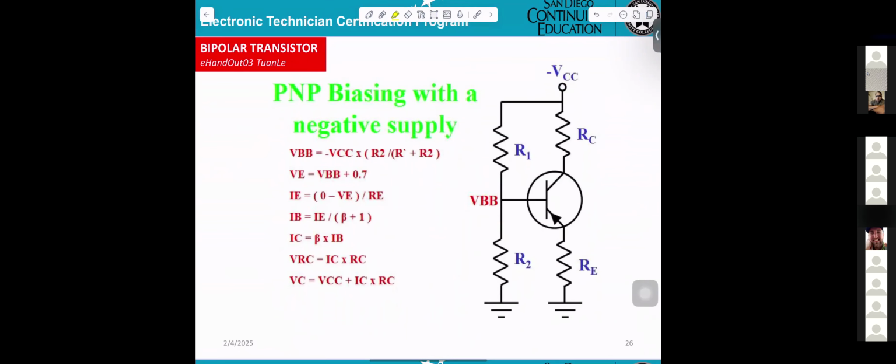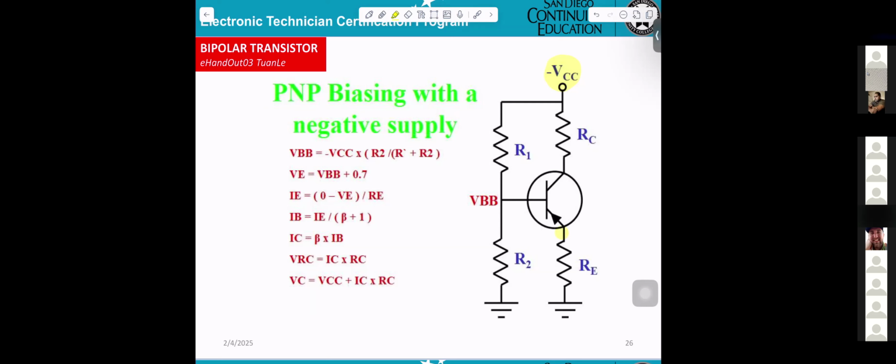And now PNP, they have a negative power supply. That is in the formula. You will need that to do a calculation. Like VBB, same thing, voltage divider.